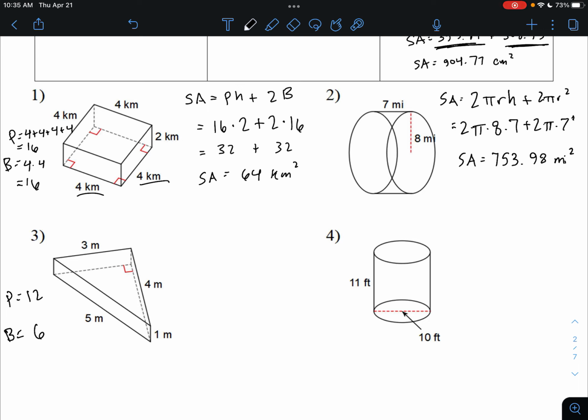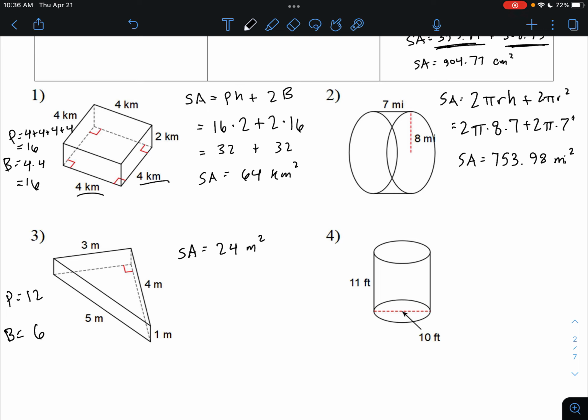Once you have those numbers, you can plug them into your equation. Perimeter times height plus 2 times area of the base. And we should get a reasonable answer of the surface area is 24 meters squared. Remember your formula, make sure you go back and look at that if you got the incorrect answer.